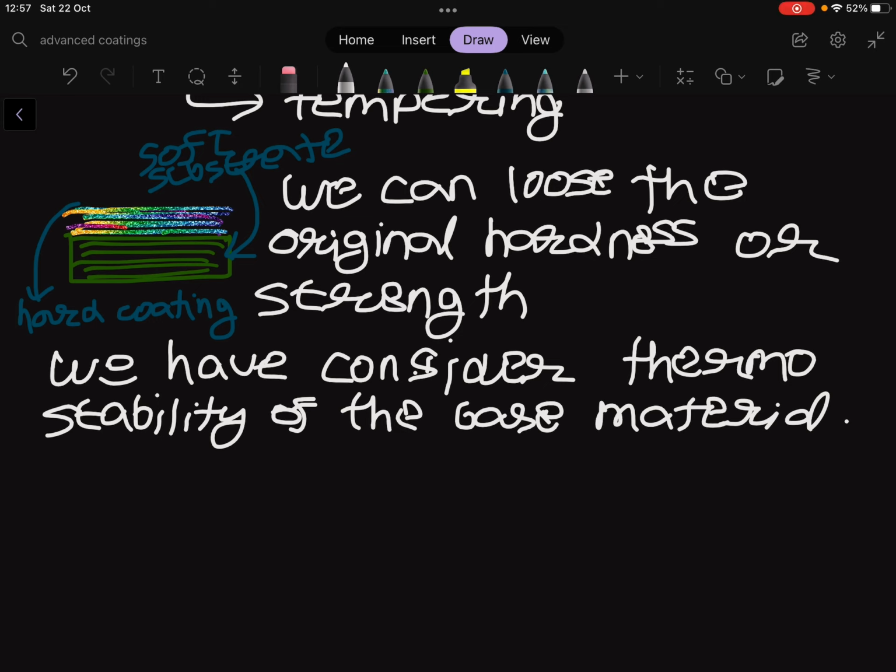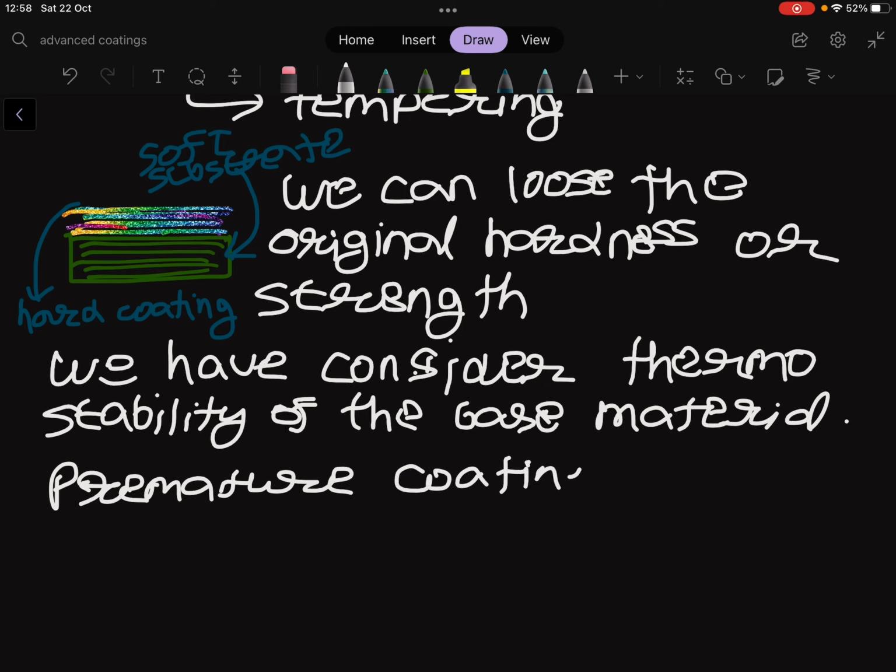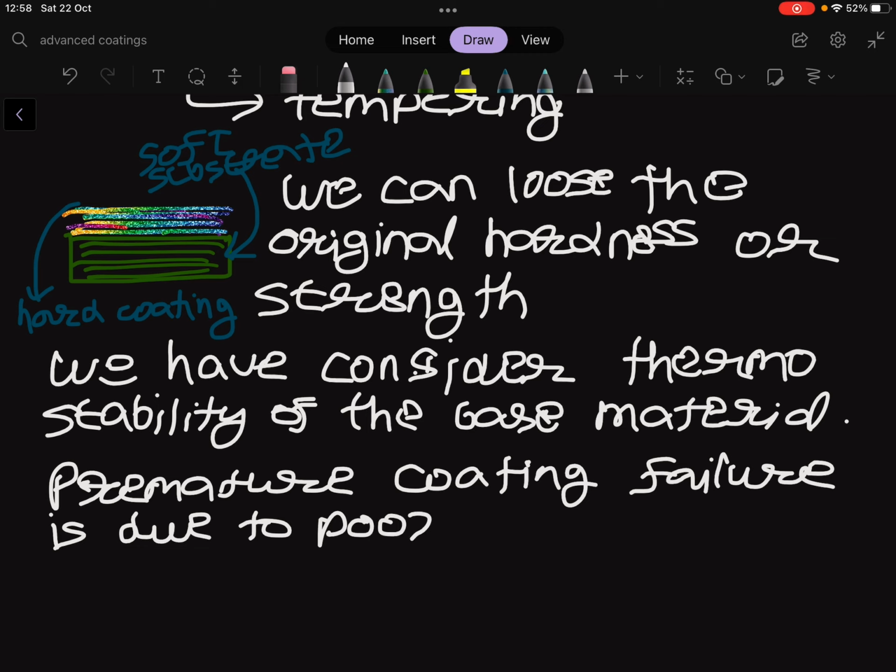Premature coating failure is due to poor adhesion to the substrate.